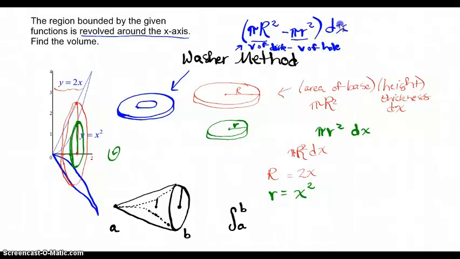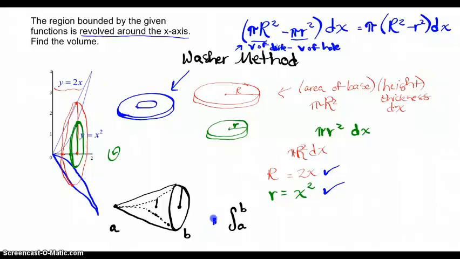Both of these have a pi in them, so if I factored that pi out front, it would begin to look something like this. So you can see how important it is that I identify the radius of the whole thing and then the radius of the hole in the middle. This is W-H-O-L-E and this is H-O-L-E, right?